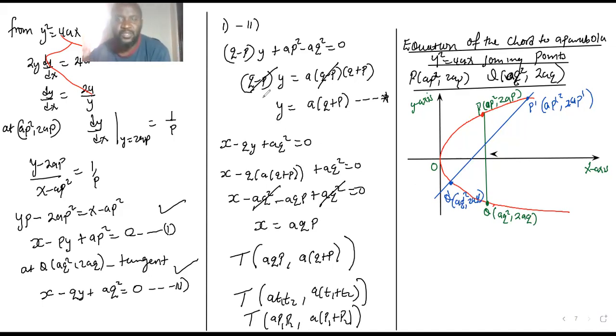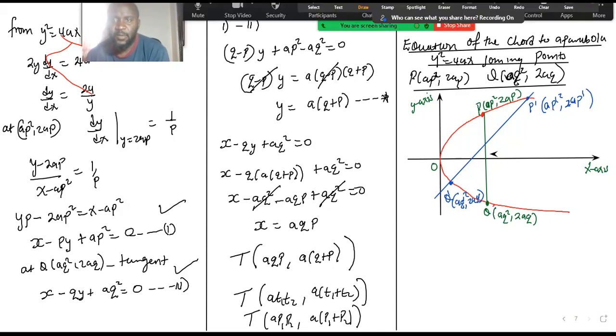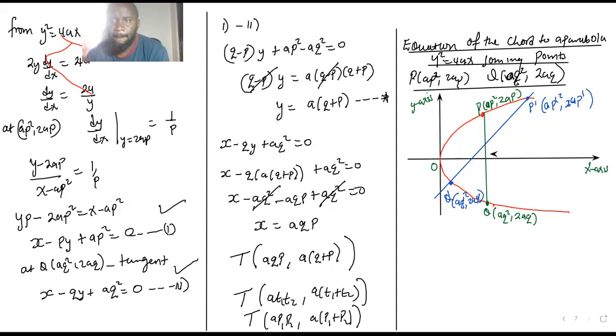Even this one is true. Let me show you one last one here. Even this one can be a chord. So a chord can be anything of those kinds, right?